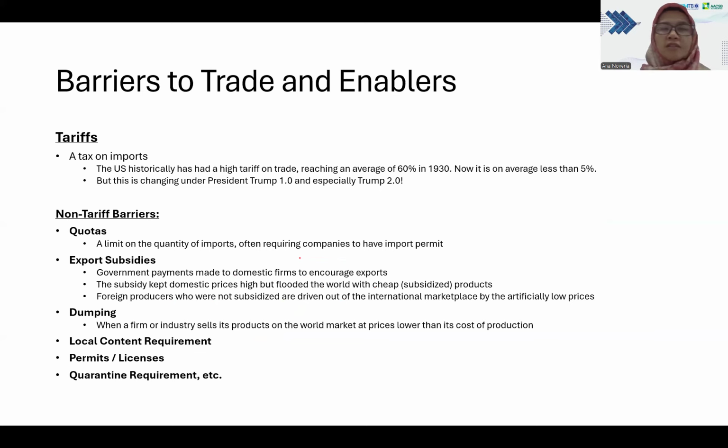So tariff is a tax on imports, but there are other non-tariff barriers such as quotas, export subsidies, dumping when they sell lower than the cost of production, and local content requirement like the TKDN, permits and licenses, quarantine requirement. Especially in the US and Australia, they are very strict in quarantine requirement because they try to protect their agricultural products, and the EU, but not as much as the US and Australia.